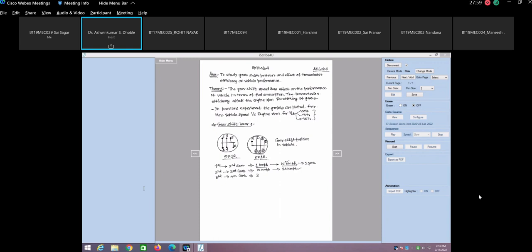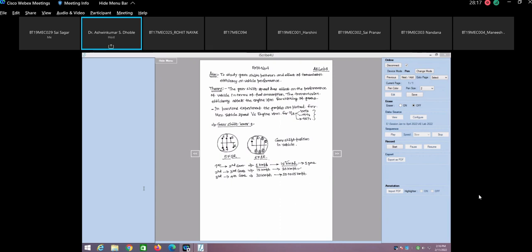Almost from 30 kmph, you shift to, let us say, 50 to 55 kilometers per hour. These values are for general information.